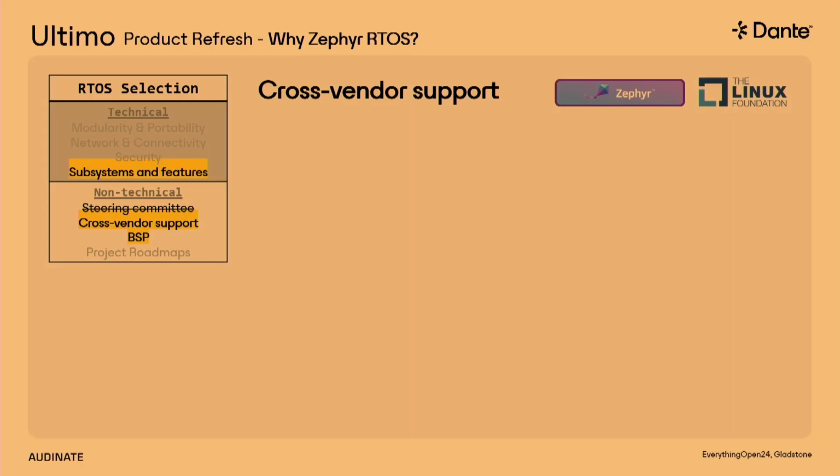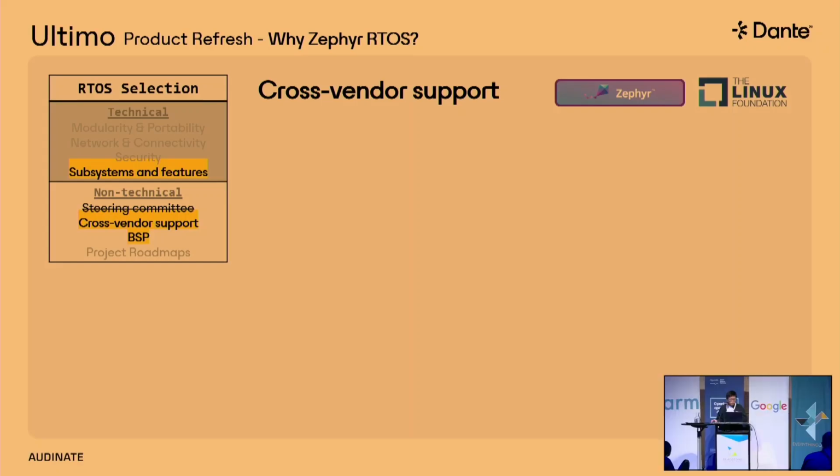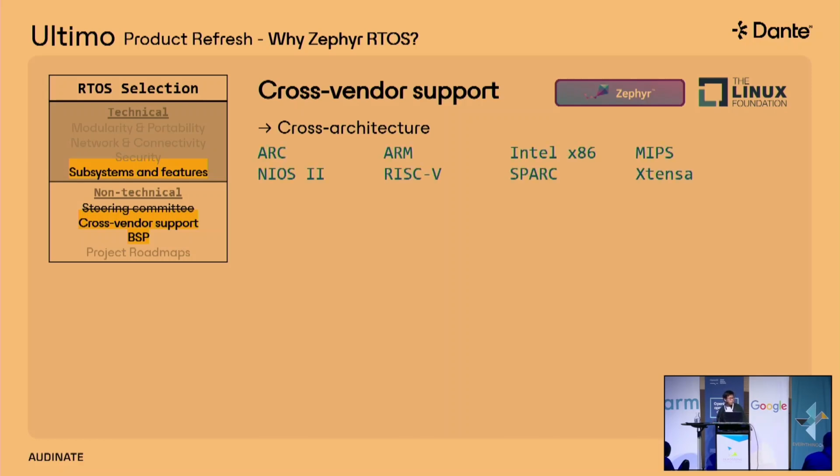Now, when we look at the other factors, including the cross-vendor support, off-the-shelf BSP completeness, as well as the features that Zephyr provides, it is actually pretty good. Zephyr, similar to FreeRTOS and other RTOSes, is very cross-architecture. It supports most of the well-known ISAs: ARM32, ARM64, x86, x64, and RISC-V is behind it as well.